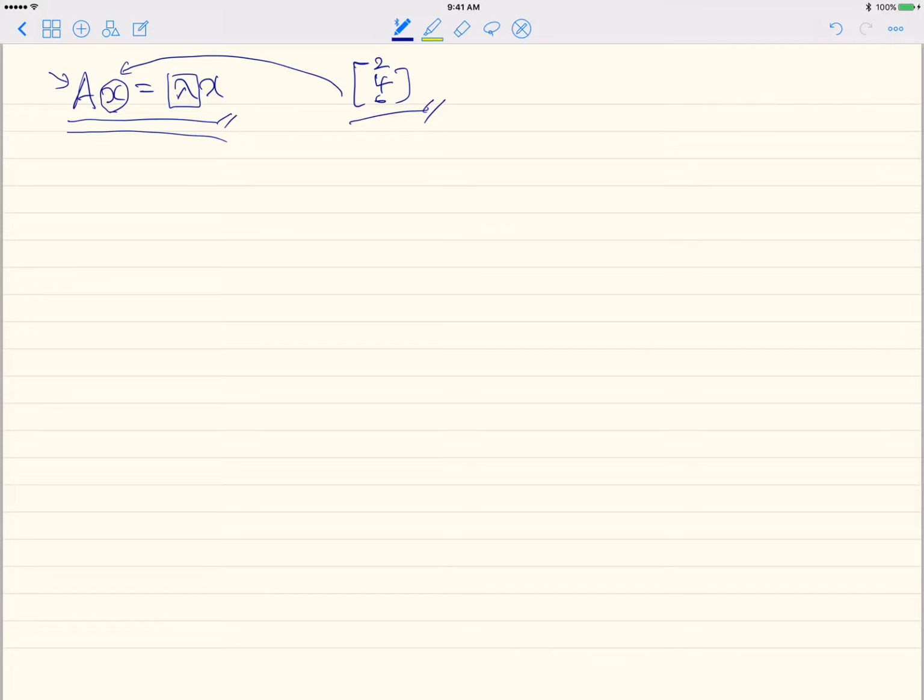So you can never obtain such a lambda to satisfy this equation. There exists a special vector x that can satisfy this equation, and then the corresponding lambda can be obtained. So in this chapter, basically what we will learn is how to obtain this vector x and lambda.